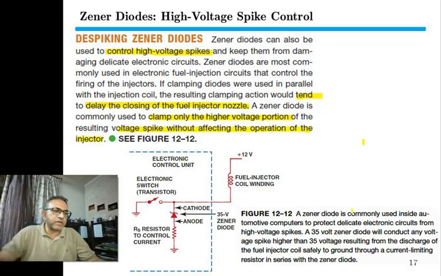So this is the part that we will see. In this circuit, this is the plus 12 volt from the battery. Here is the fuel injector coil winding. It is represented like our normal coil or inductor, and then we have the electronic switch.